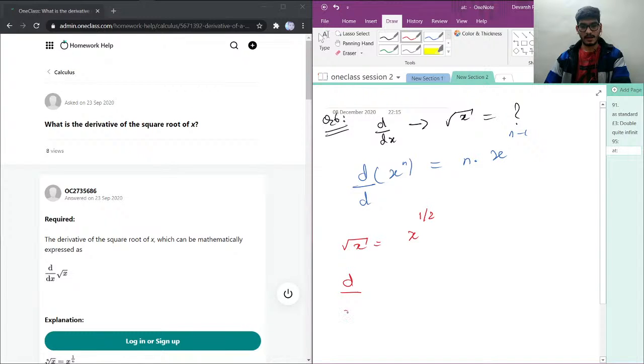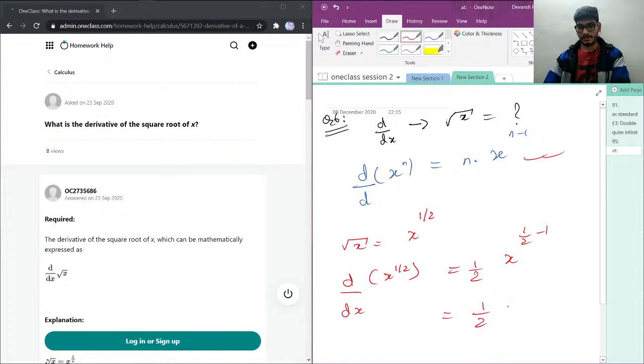Then the derivative of x power 1 by 2 will be equal to, using this rule, 1 over 2 x power 1 over 2 minus 1.